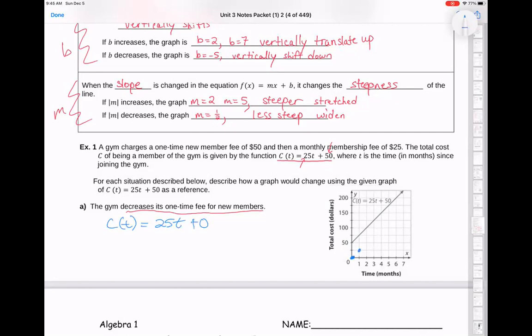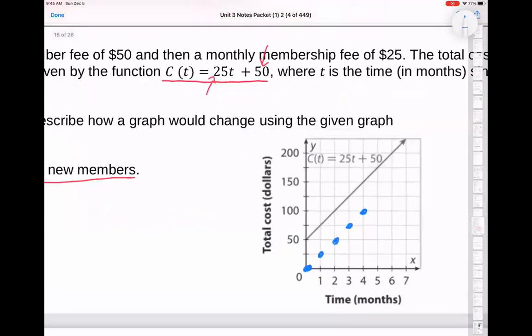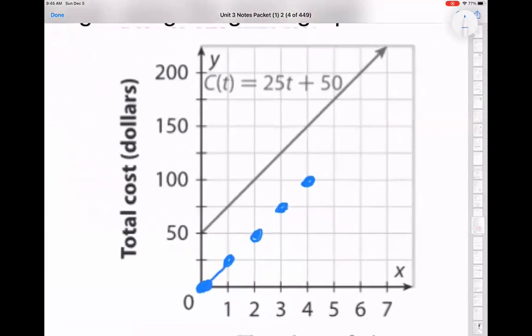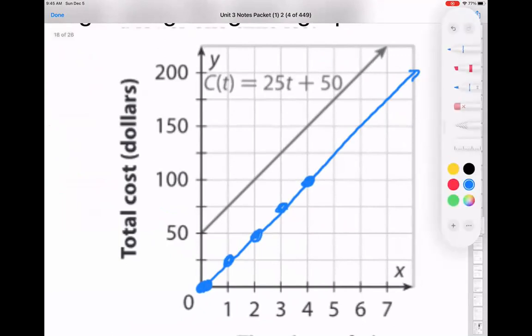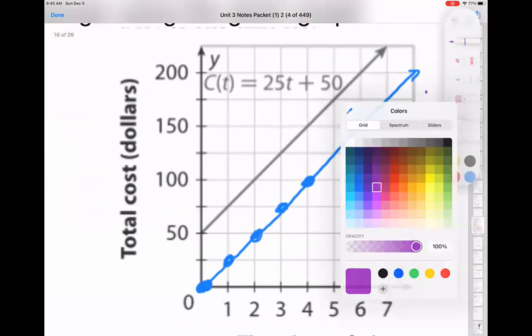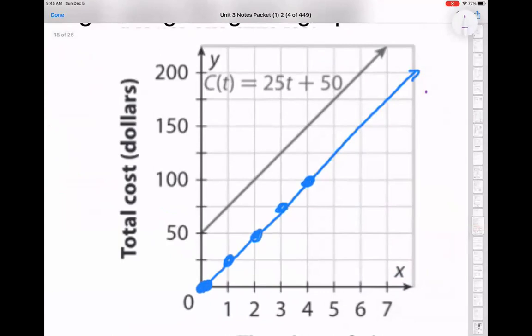They're still charging $25 every single month. And so what we would expect to see is this kind of parallel line, but starting off at a lower y-intercept. Okay, so to answer question A, it's pretty much a parallel line that is going to be below the line, the function that they give us.